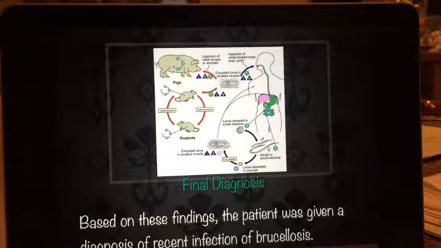Brucella species are gram-negative rods that do not have a capsule. And they're ingested by polymorphonuclear cells and macrophages once in the body. And then they're passed to the lymph node. The organisms replicate intracellularly, and the bacteria from these cells can then infect other cells within the body.